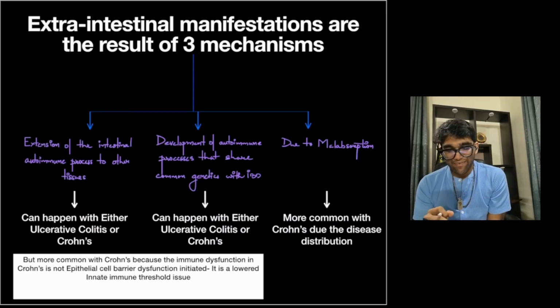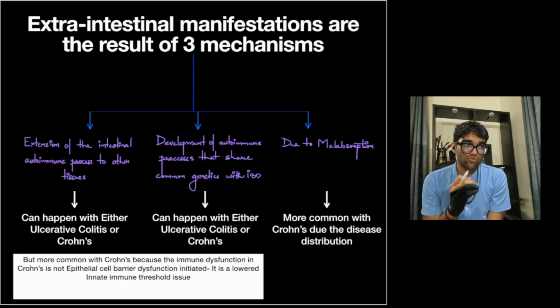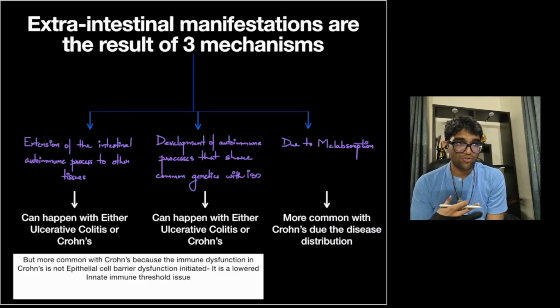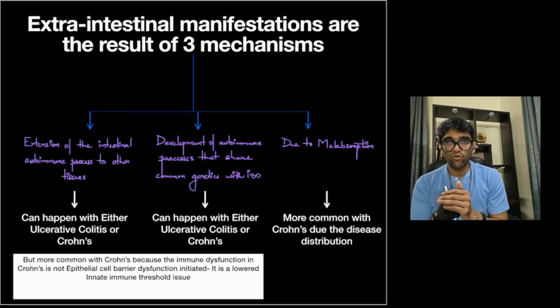Whereas for other tissues to get affected by the same type of pathogenesis as Crohn's disease, those tissues would have to be barrier tissues. And different barrier tissues like skin or the barrier tissues within the lungs have their mechanical barrier maintained by a different set of proteins. For example filaggrin in case of skin, and we'll discuss later DPP10 and others in case of the lumen of the respiratory tract.